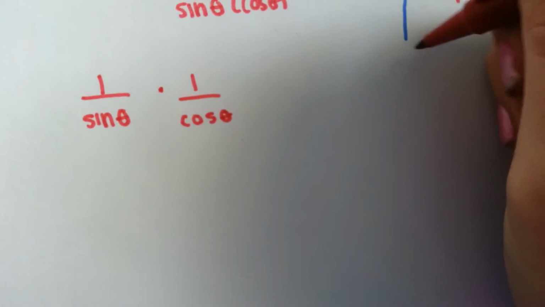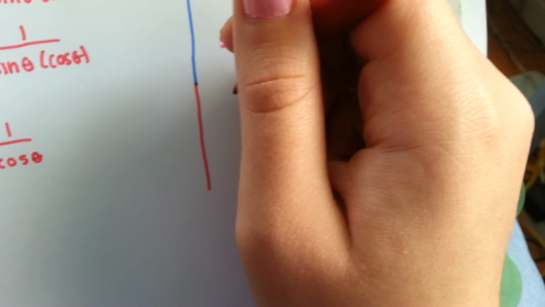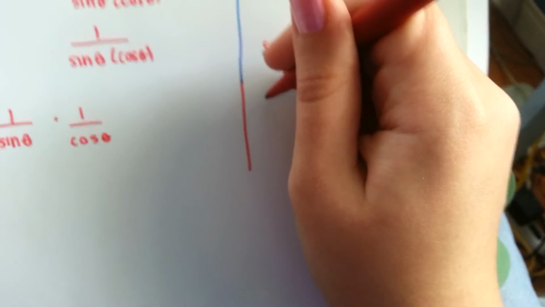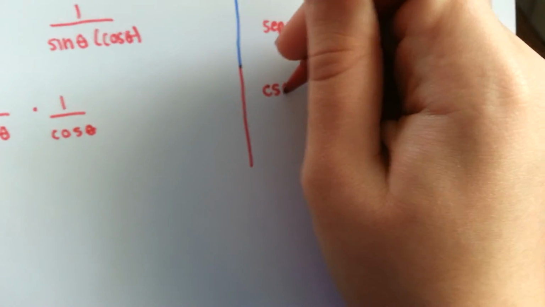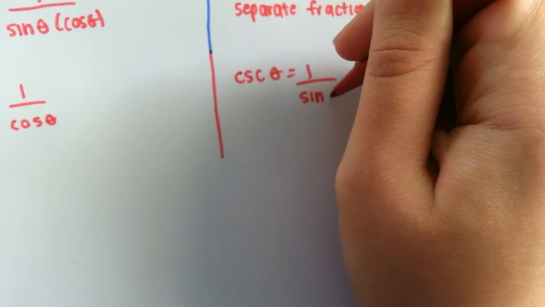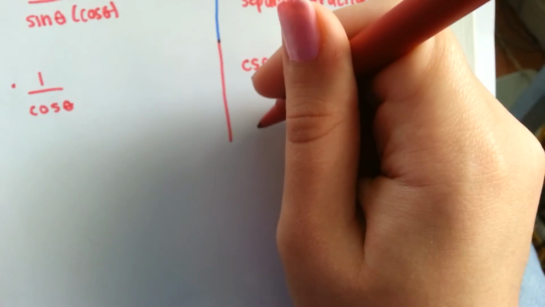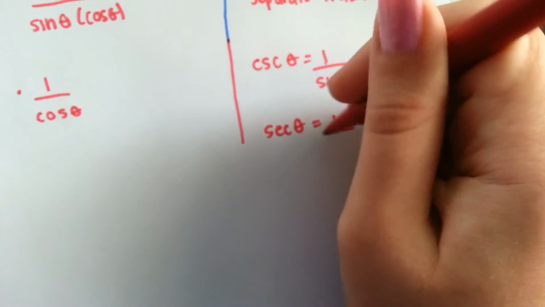Alright, and because of our reciprocal identities, we know that cosecant of theta is equal to 1 over sine of theta, and we also know that secant of theta is equal to 1 over cosine of theta.